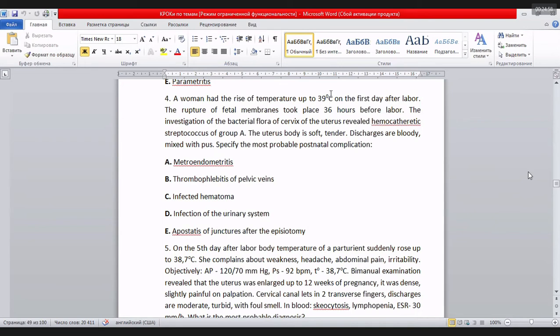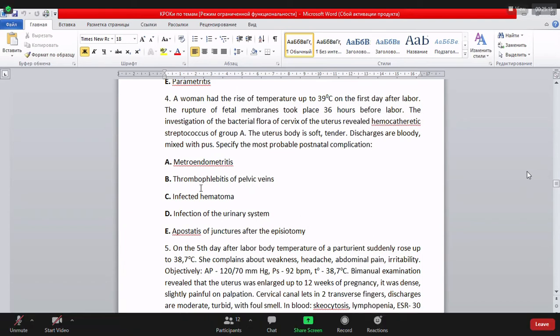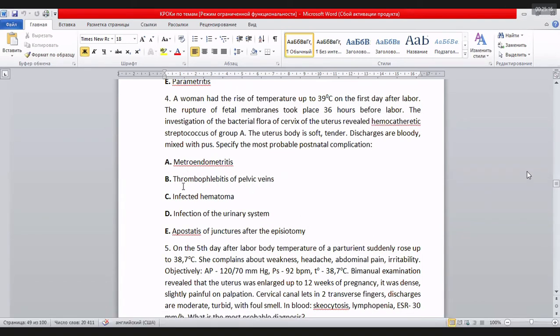That's why dry period, high temperature, flora, hemolytic streptococcus, and uterus body soft, tender. Discharges bloody mixed with pus. It is all signs of metroendometritis. If it were thrombophlebitis, they would describe that the doctor during vaginal investigation palpated painful veins on the walls of the pelvis.